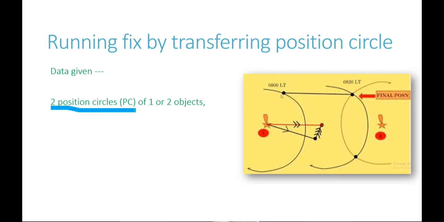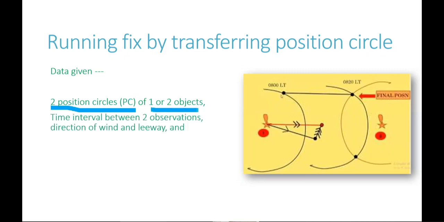Either they will give you it through PLR and GR, that is mean first sighting or last sighting, or they will give you through VSA, vertical sextant angle, or HSA. With all these three methods, you will be able to find out the radius as well as the center of your position circles.